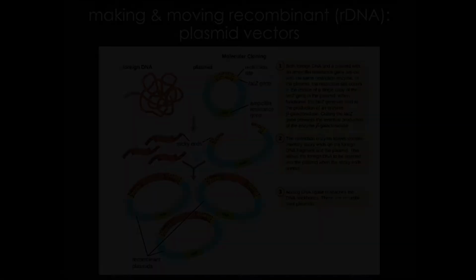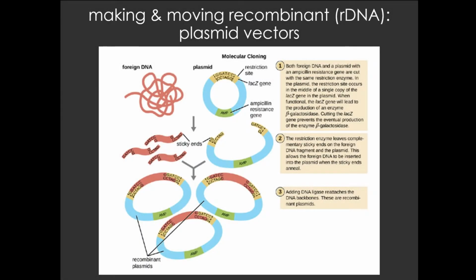In this particular example, you have a restriction site on the plasmid, GGATCC, which is the restriction site not of EcoR1 but of BamH1.